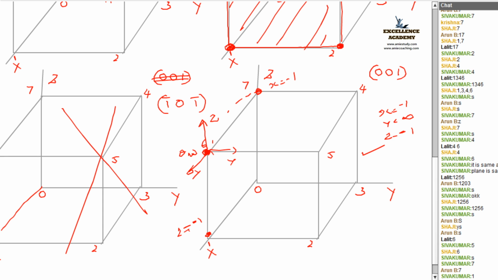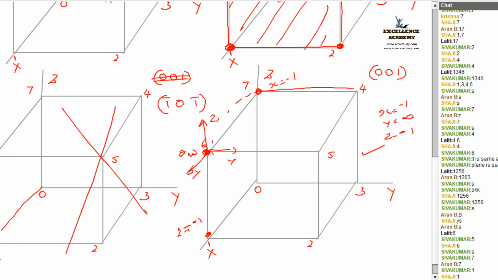You have to draw lines parallel to the y axis from the obtained point, right? So I draw a line parallel to the x axis, that is 4, and then 1 and 2 are joined. Is it right, Arun?